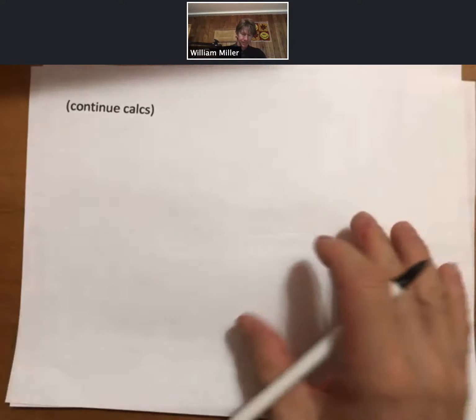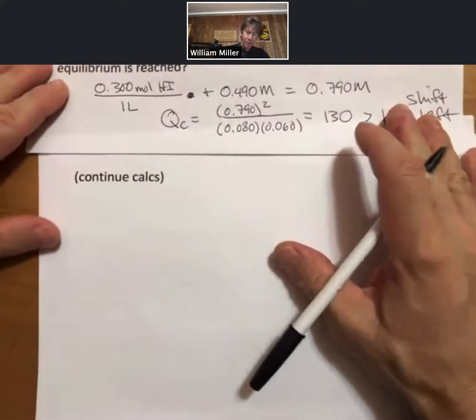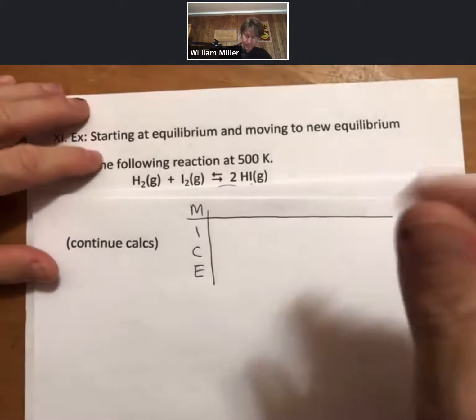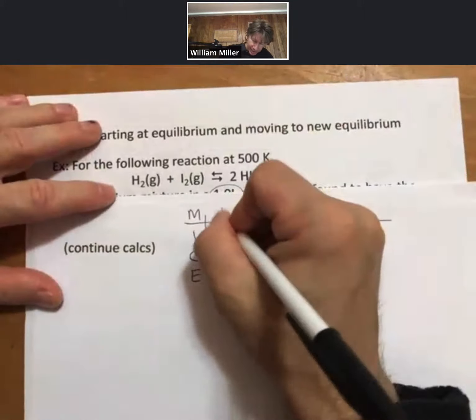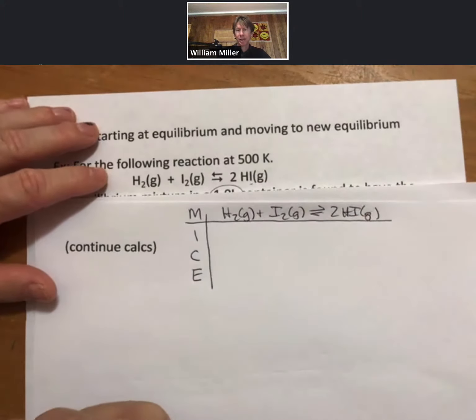Now let's continue the calculations here. We now need a molarity ICE table. We'll put in our reaction. Our reaction has H2 plus I2 goes to 2HI.